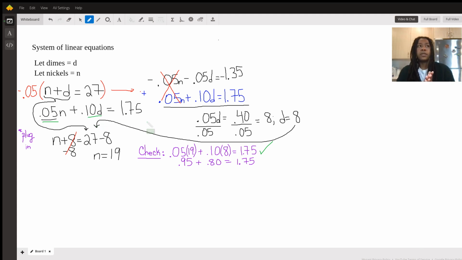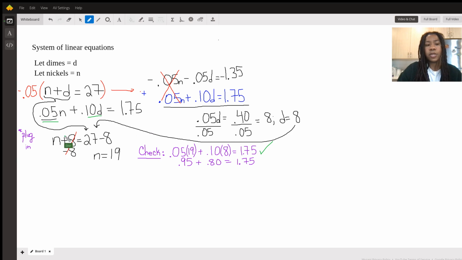When you set up a system of linear equations, you try to cancel out a couple terms so you can isolate one, find the value of that, and then once you have that value, you plug it back into the original one and find the other term. So that's what I did here.